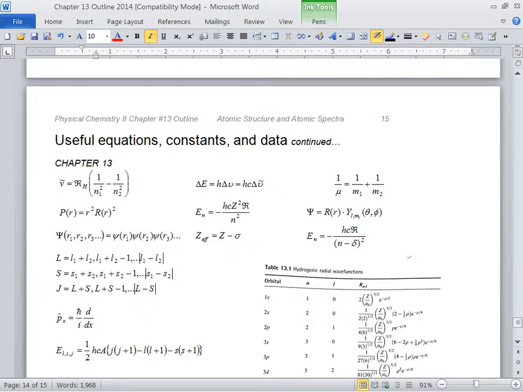Justification. I went through a lot of work to get that one. I have a whole page. What the heck? 13.4. I'm getting close. Man, they hardly did anything.